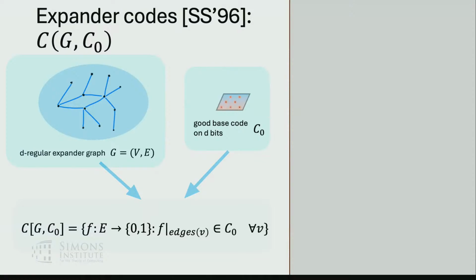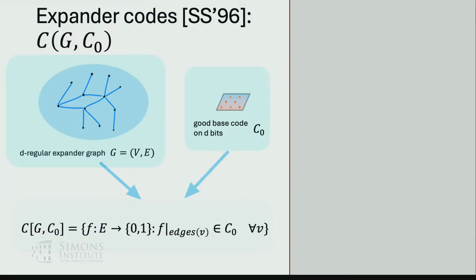And we have some fixed base code on d bits, so just a constant size base code. And together these two you make a code out of them by looking at the code space. It's all labelings of the edges, so just functions from the edges to some alphabet, say 0, 1, such that around every vertex, if you look at the bits just touching the vertex, these bits are in the local code.